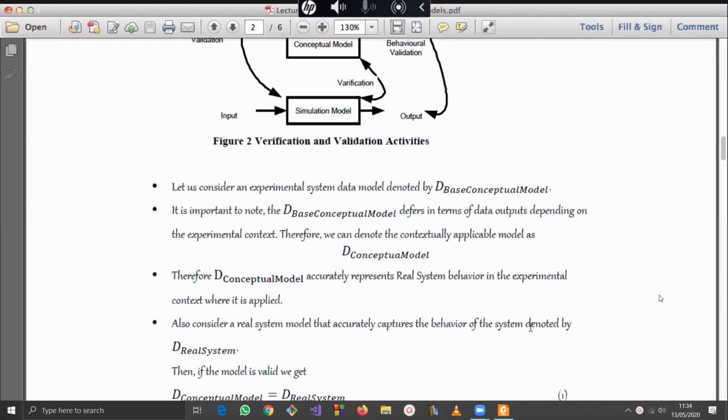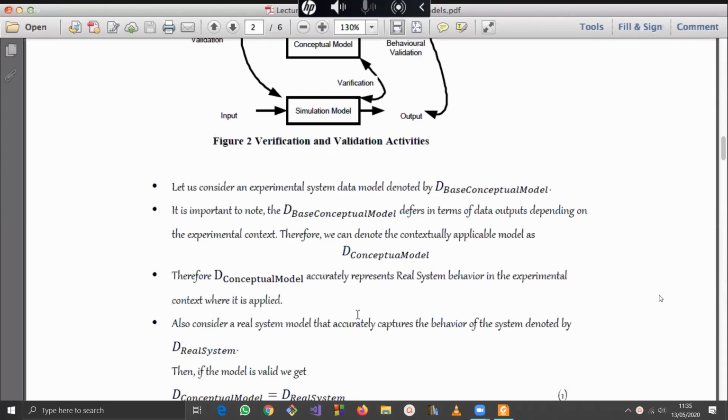So the experimental setup can actually be seen as that which is at the base conceptual model. And then the next level, we said that the base conceptual model can actually be changed into what we call now the conceptual model, whereby now you've converted this into a conceptual model that we have talked about in the diagram or in the figure above.